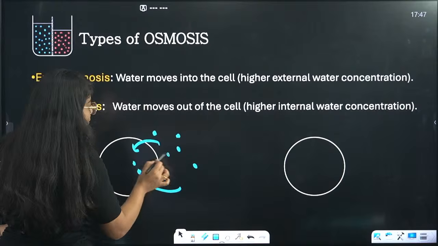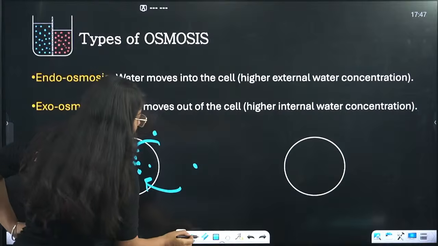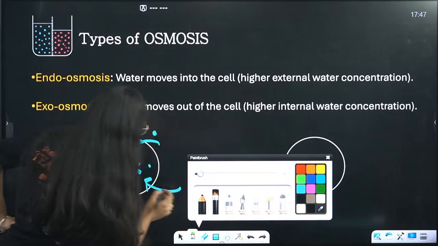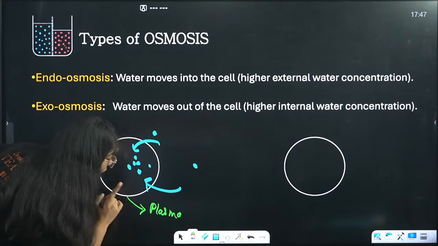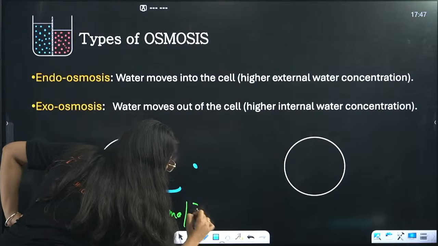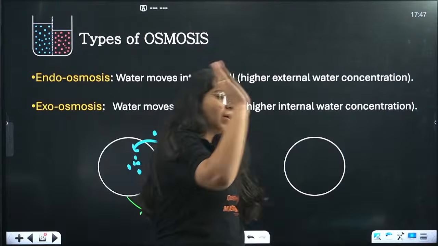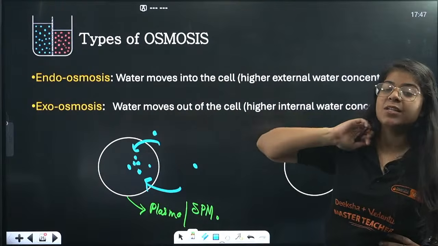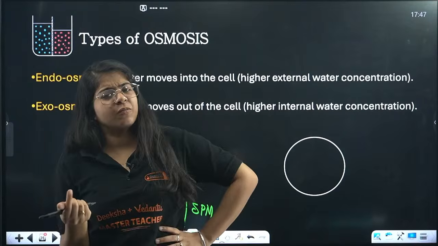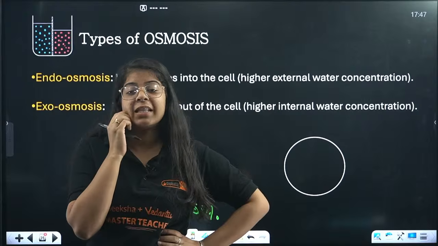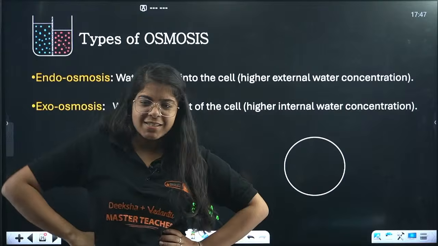So all the molecules will come inside, right? So they crossed a membrane, that is my plasma membrane, or in case of cell, but actually it is a selectively permeable membrane. So if the water molecules go from outside of the cell to the inside, that is called endo-osmosis because it is entering the cell. And if water molecules go out of the cell, that is called exo-osmosis.